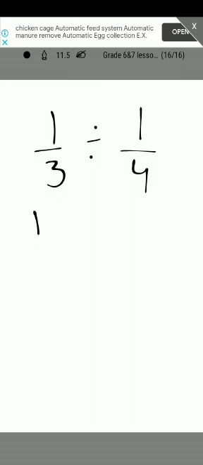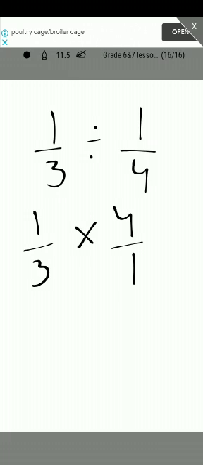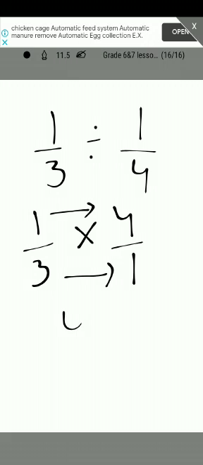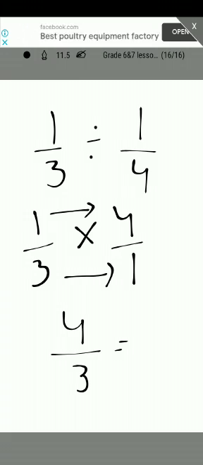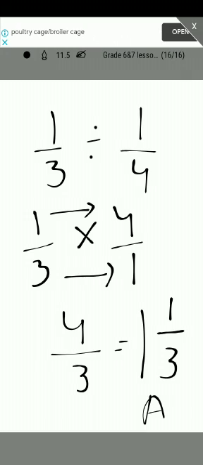So dividing 1 upon 3 by 1 upon 4 is the same as multiplying by 4 upon 1, its reciprocal. Again there is no simplification, so straight multiply: 1 times 4 is 4 and 3 times 1 is 3, and write the answer as a mixed number, 1 whole 1 upon 3.